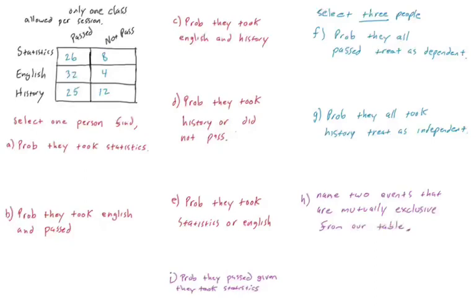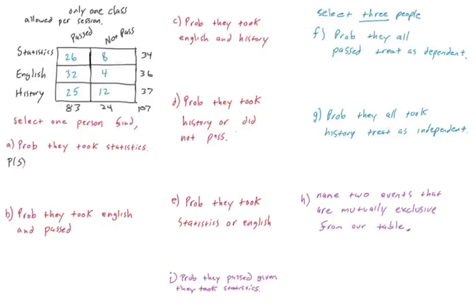Okay, so you had a chance here to try some of these out. The first thing I do is always put the totals here. It's a good habit to add them vertically and horizontally and make sure you get the same number both ways. That's always a good check.